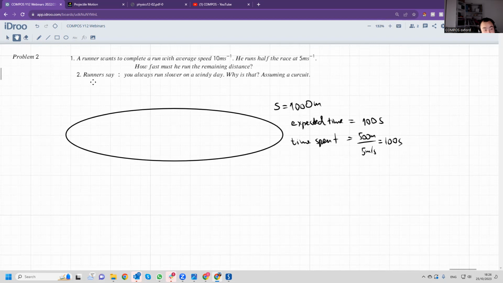Well, yeah, that's what I'm trying to explain. Well, Charlie, that's a good point. More work has to be done against air resistance. But I mean, if you're running a lap, you're going with the wind, and then you're going against the wind. So it's supposed to average out, right? Because you run half the distance when the wind is helping you, and you run half the distance when the wind is working against you.